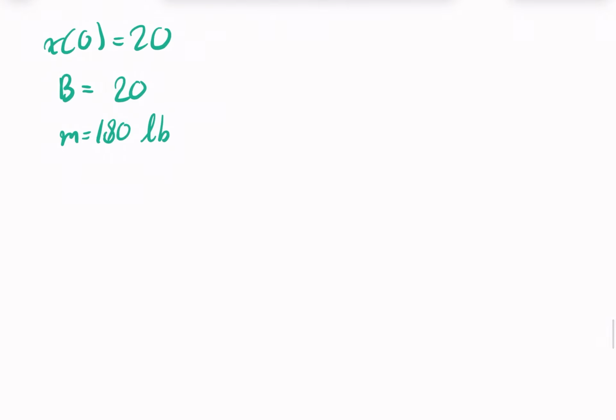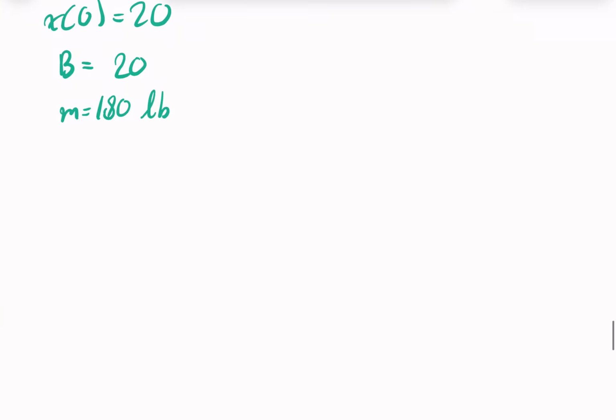And so then we continue reading the question, and we see that the weight is released from 10 feet above the equilibrium position with a downward velocity of 43 feet per second. So we could say that x prime at 0 equals 43.